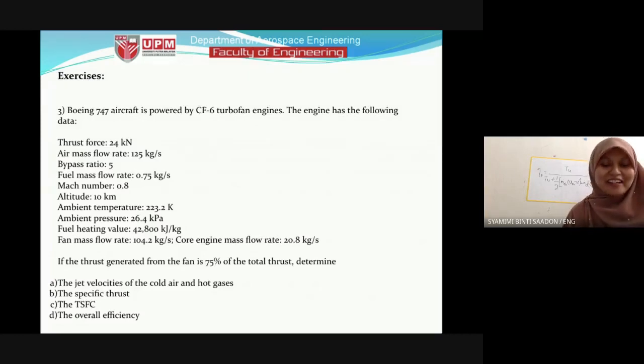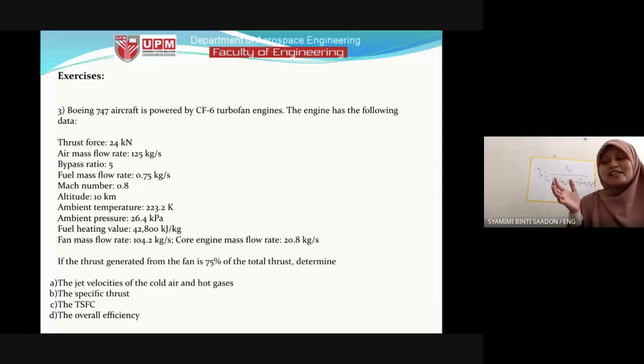So if the thrust is generated from the fan: just now, when we calculated all the thrust equations, the thrust force is actually the total thrust force. For a turbofan, you have the terms cold and hot, right?